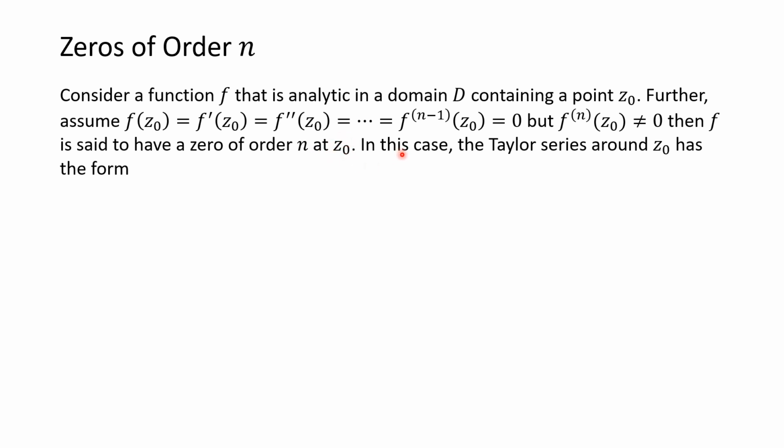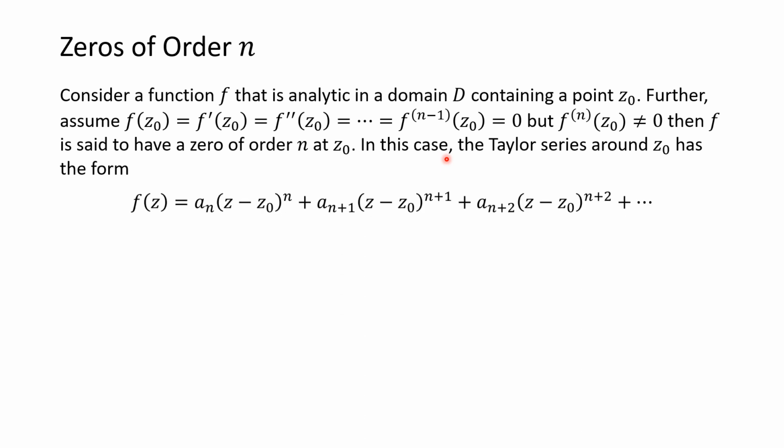In this case, the Taylor series around z sub 0 has this form here. So we know that the first n minus 1 terms all are equal to 0 because of the condition that we're given on the derivatives, and just using the formula for a sub n, going from 0 to n minus 1, these all drop out, and so you have this format for f of z under this condition.